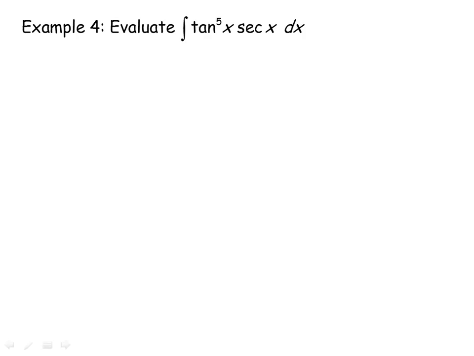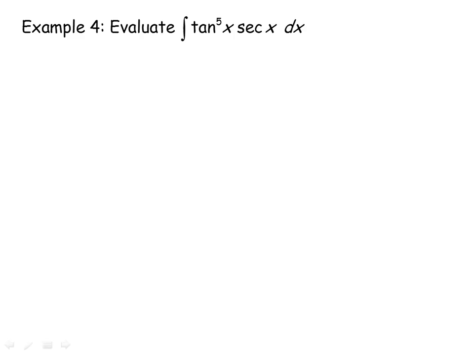Okay, tell me what I have here. Which case do I have here? Case 1 says tangent is odd. Case 2 says secant is even. Which one do I have? Case 1.